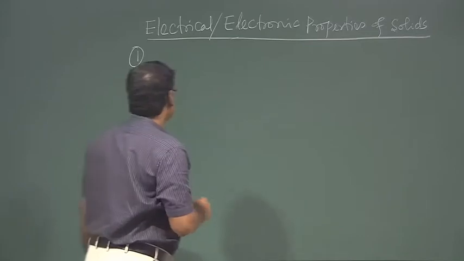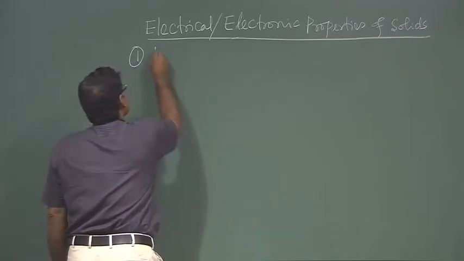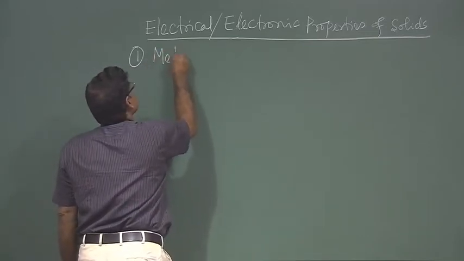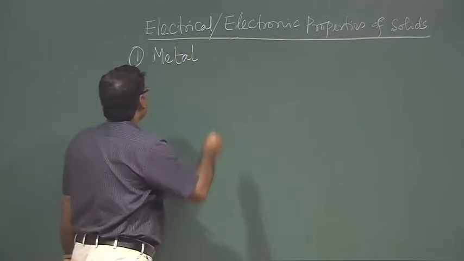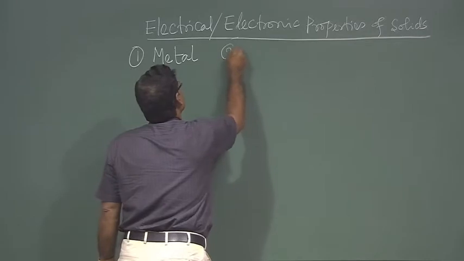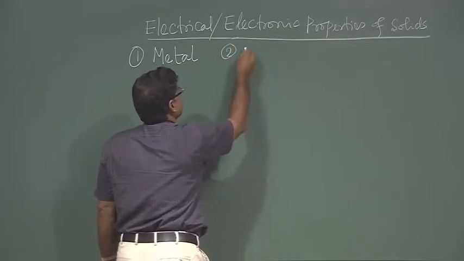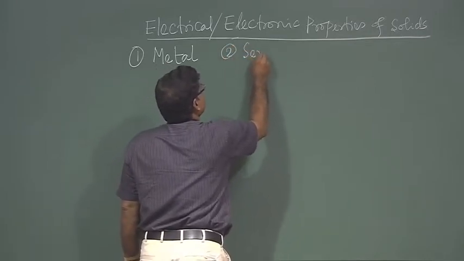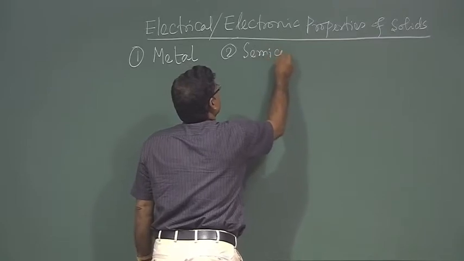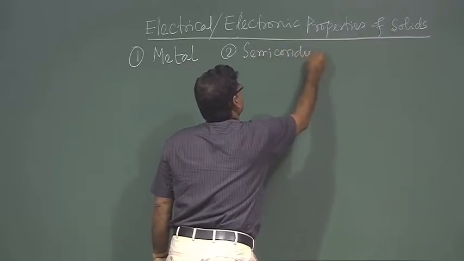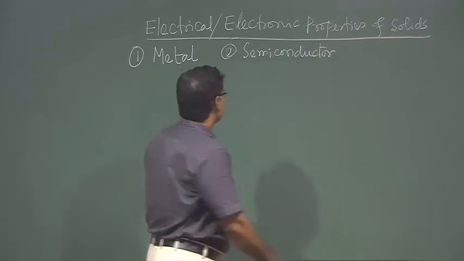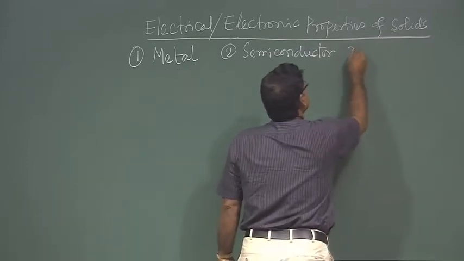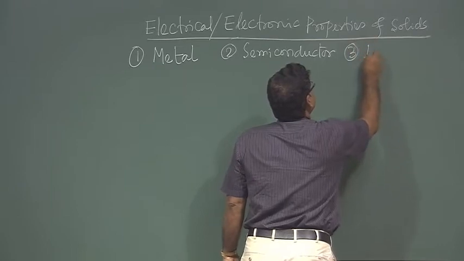One is conductor or metal, another is semiconductor, and the third category is insulator.